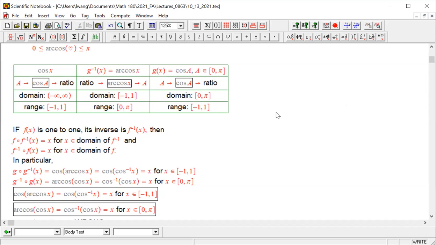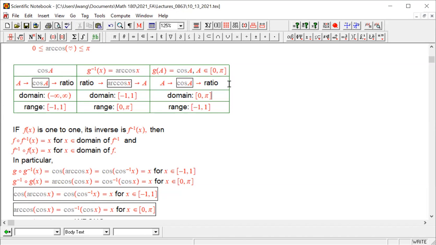Which one are you talking about? Cosine of a. Cosine of A. Okay. And the other one should be 0 greater than less than. Which one, cosine of A? You're talking about this one? I'm talking about 0 pi for the domain. 0 pi, domain, range, yes.